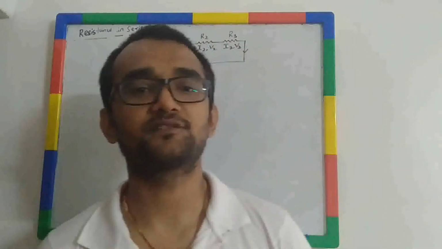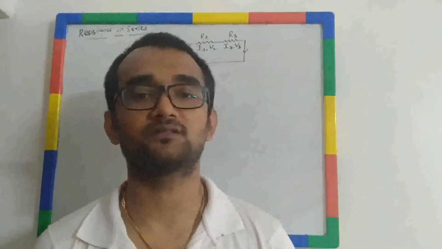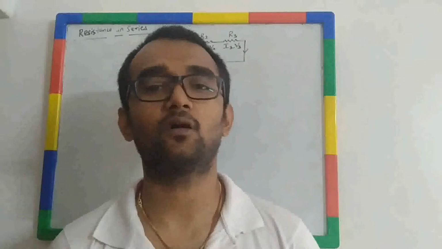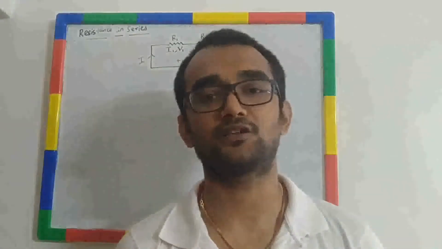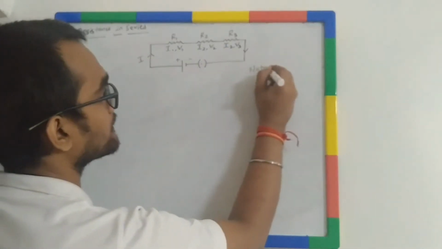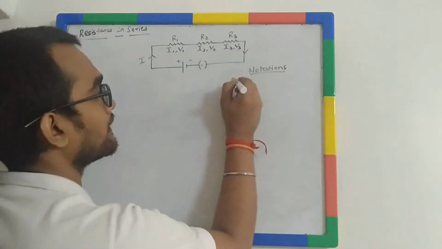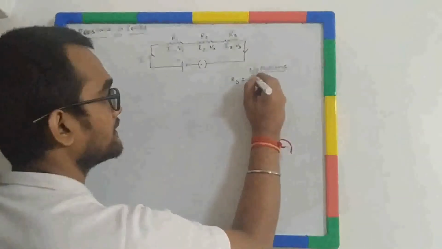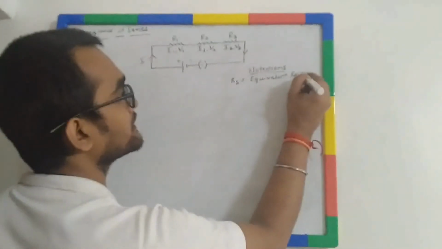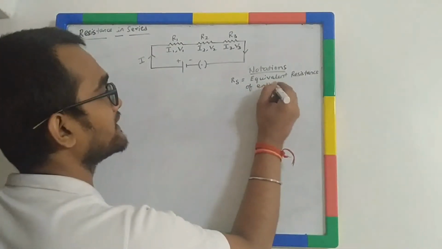After stating the conditions required for this derivation, I will start the derivation of the equivalent resistance of resistors connected in series connection. Before that, I will refer to all the notations which will be used in this derivation. Notations. RS is the equivalent resistance of the entire circuit.